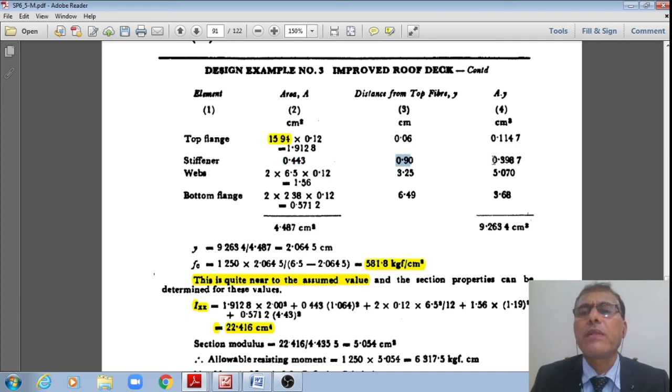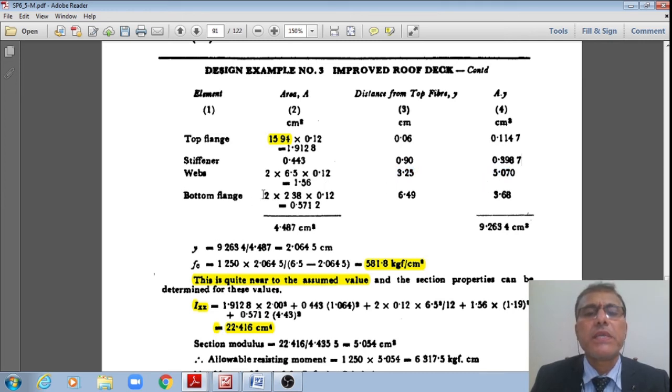1.8 divided by 2. That works out A multiplied by Y bar. Then the webs, 2 multiplied by 6.5 multiplied by 0.12, gives 1.56, which are located at 6.5 divided by 2, 3.25. Therefore, A multiplied by Y is equal to 5.07.